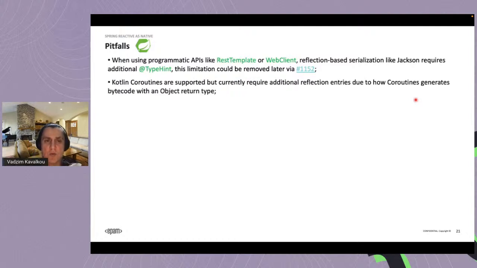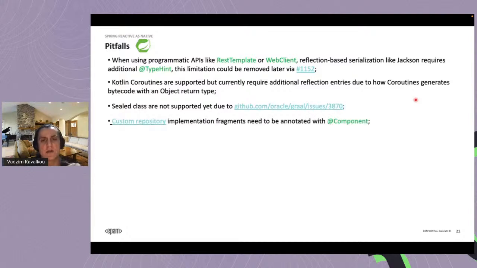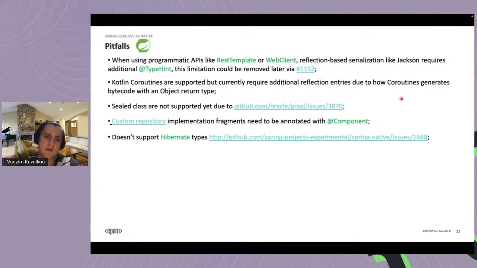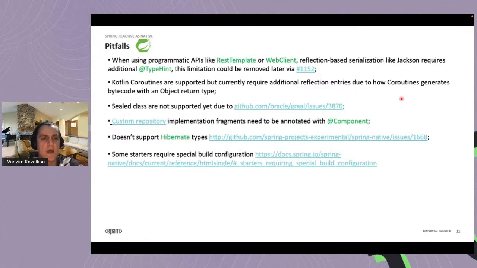Kotlin coroutines are supported, but currently require additional reflection entries due to how coroutines generate bytecode with an object return type, and sealed classes are not supported. Custom repository implementation fragments need to be annotated with @Component, and Hibernate types are not supported, but you can find workarounds, and some starters require special bean configurations. You can find which starters using this link.